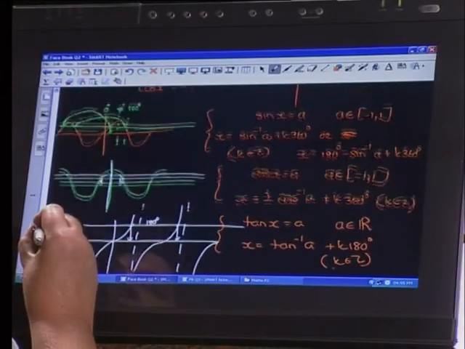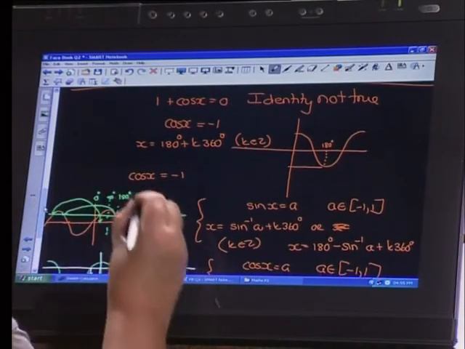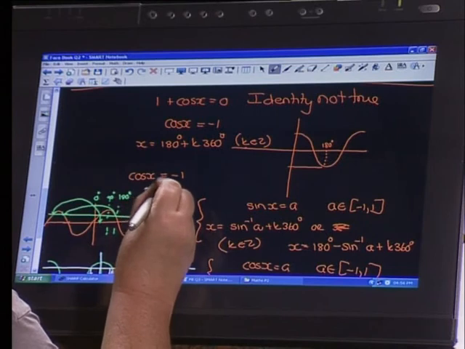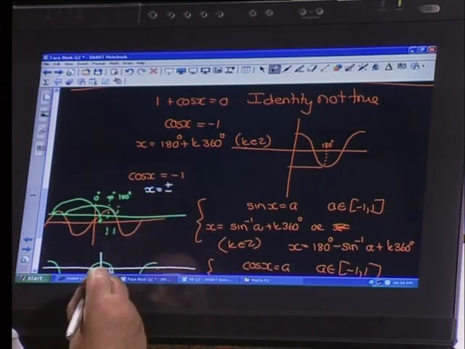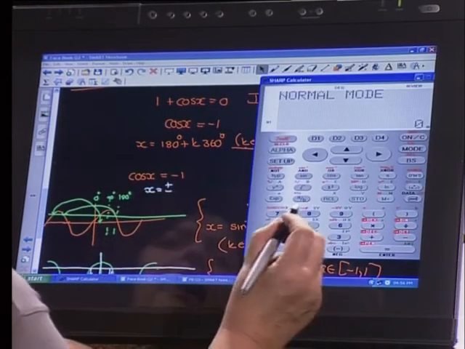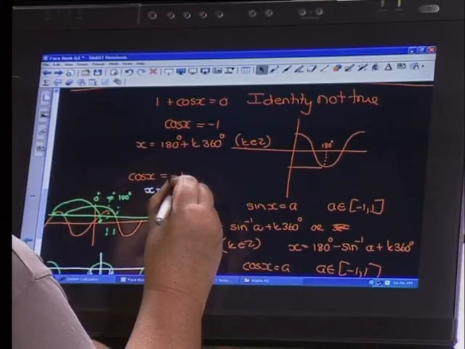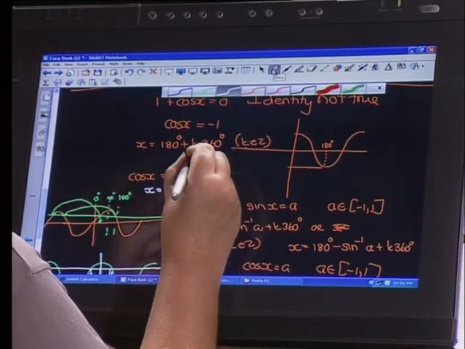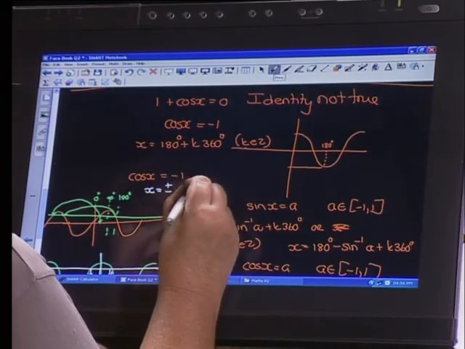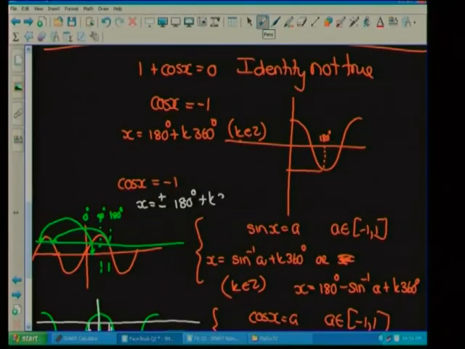So all I would do now is go back to this question, and I'd say, well, that means that x is equal to plus or minus. I would pull my calculator up, and all I would do is go second function cos, open the brackets, I want to go negative 1, close the brackets, and I press equals, and I see I get 180 degrees immediately, which is what I know I was going to get. 180 degrees plus k 360.